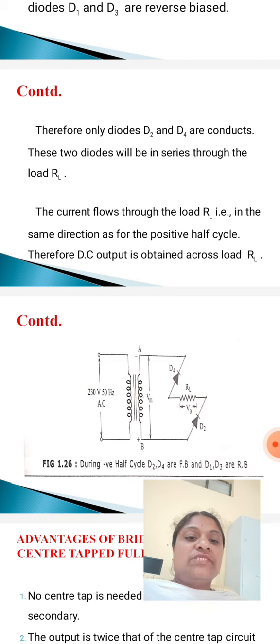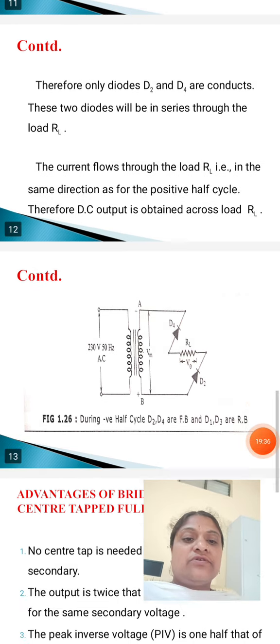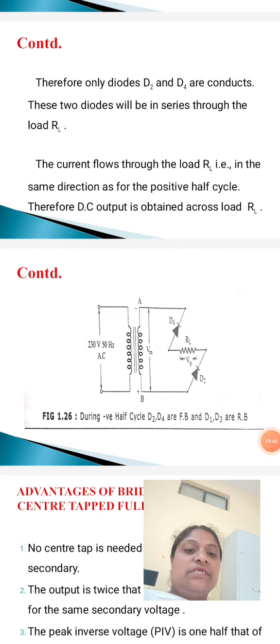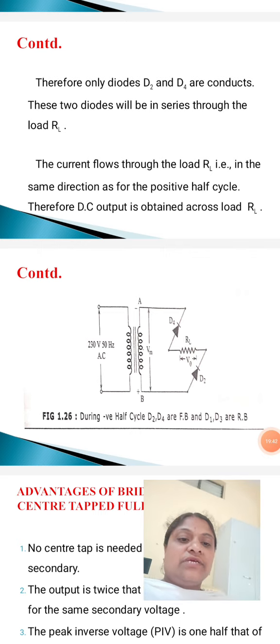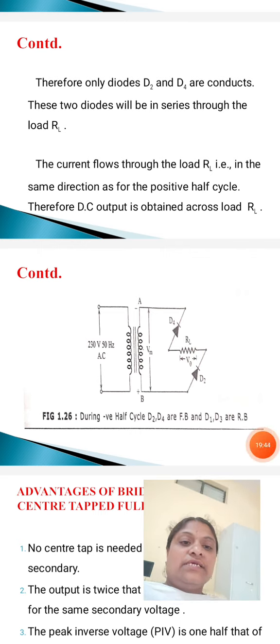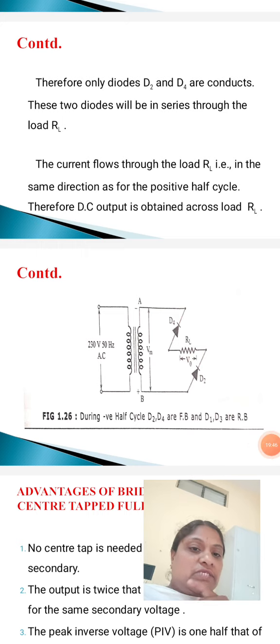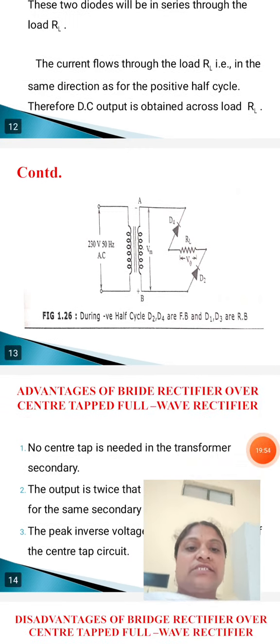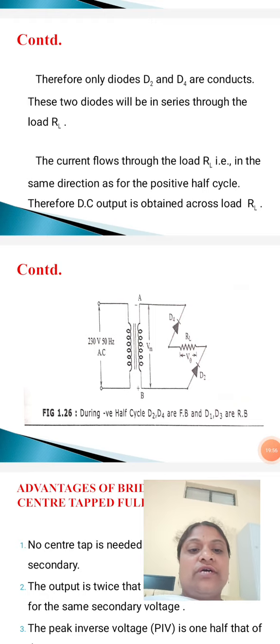Which diodes are in forward bias? They are connected as short circuit. Which diodes are in reverse bias? They are connected as open circuit. So you can choose any circuit design: diodes, or short circuit and open circuit. Any one you can select.